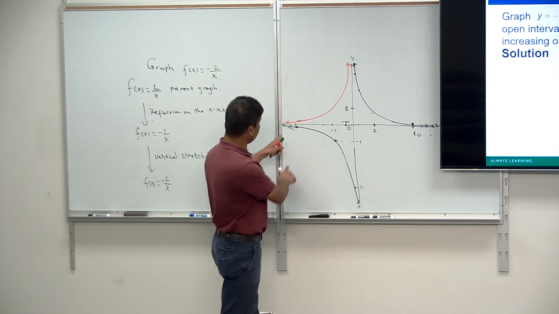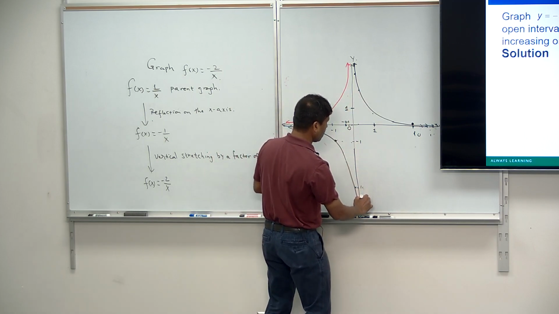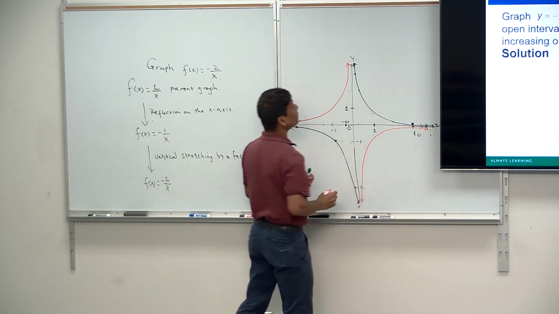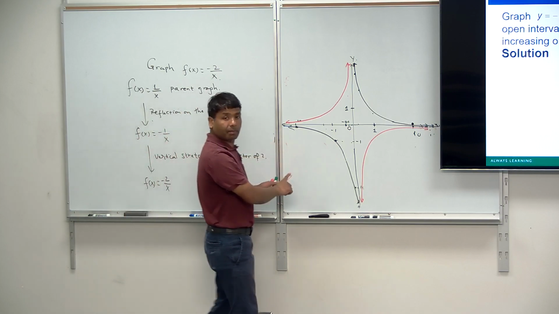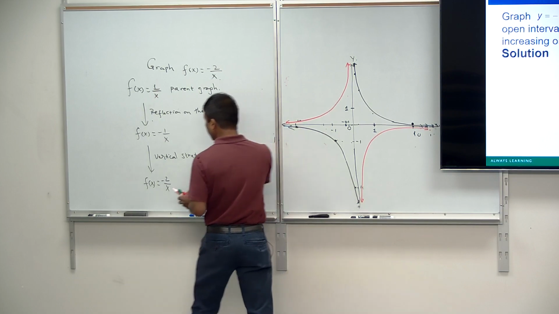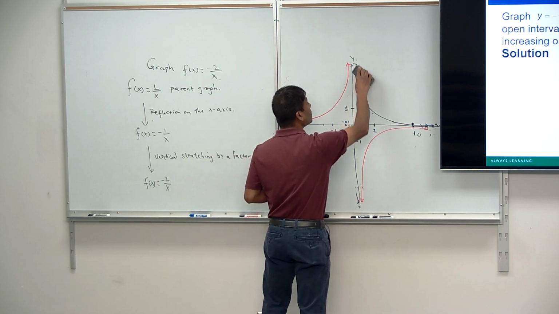This part will be this, and you reflect this. Did you see that? The red one is the reflection of the black one, right? The black one is f(x) equal to 1 over x, right? So now you reflect this. Did you see that, guys?